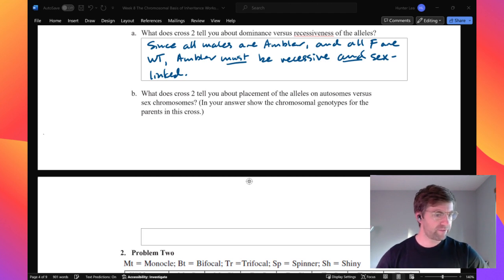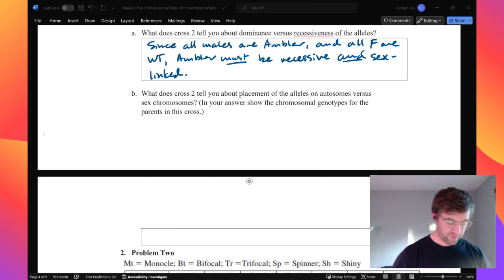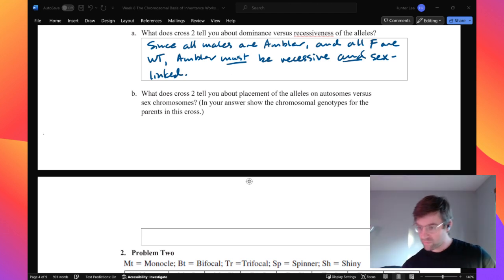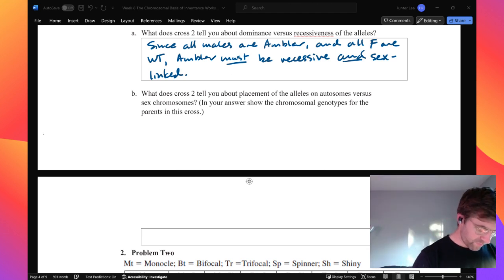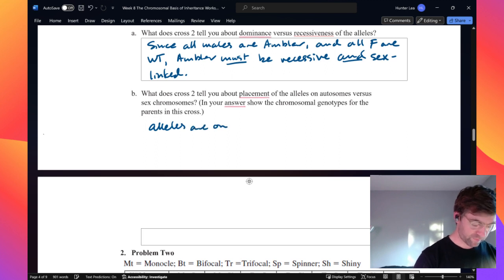I'm looking at the right thing here. Yeah, okay. This tells us the alleles are on the X chromosome.